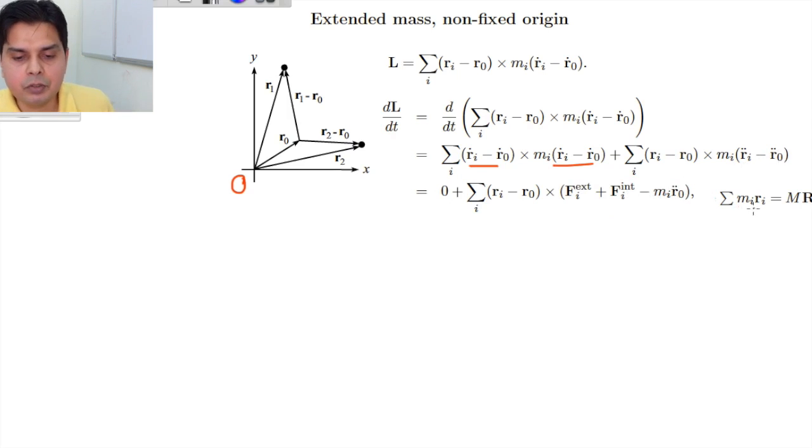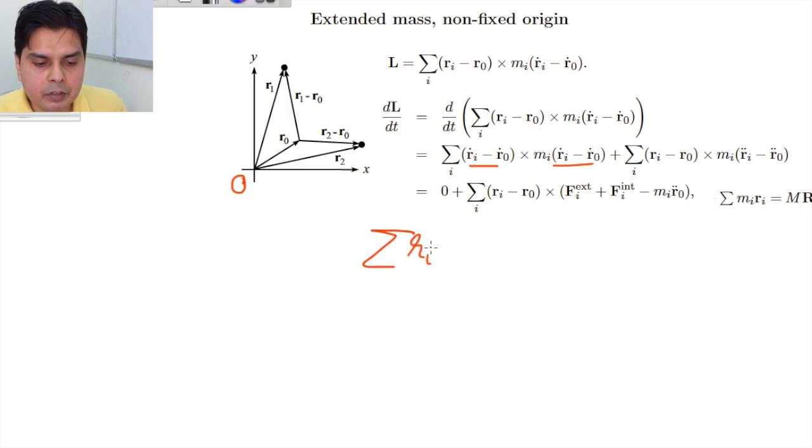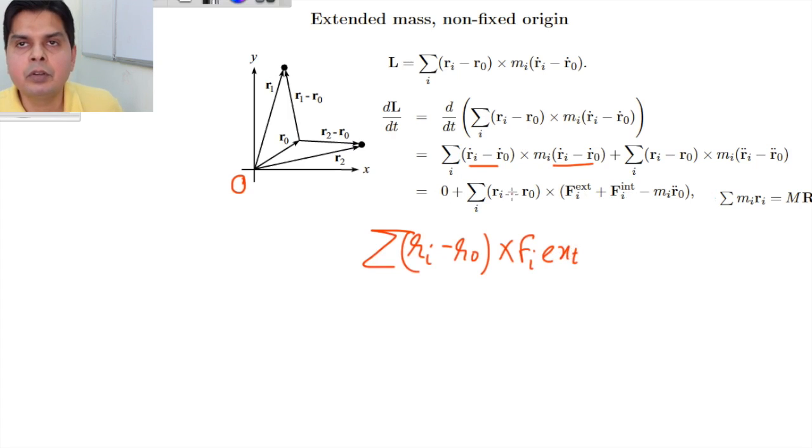Now what will happen in the next step? When I open this bracket, I will get summation (Ri minus R0) cross Fi external. Now this Fi internal will be 0, as I had seen in the earlier case also, because this internal torque will be 0 because of Newton's third law.